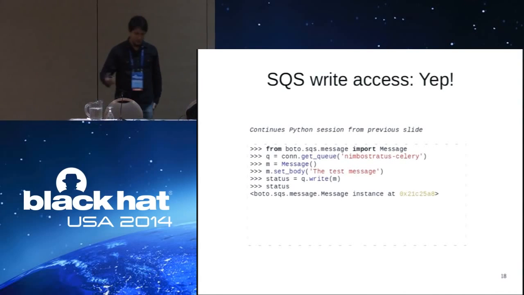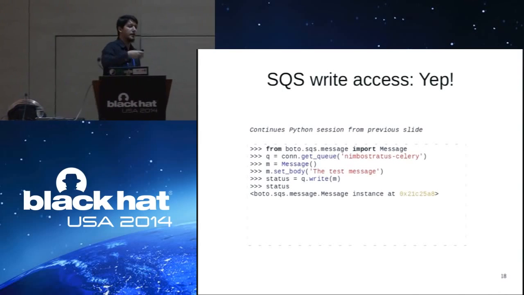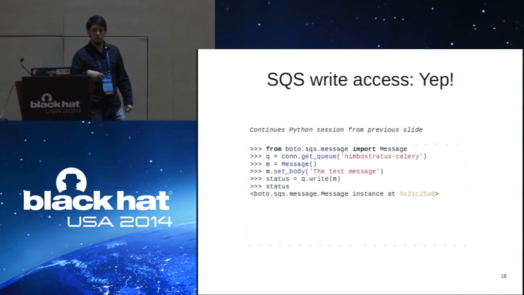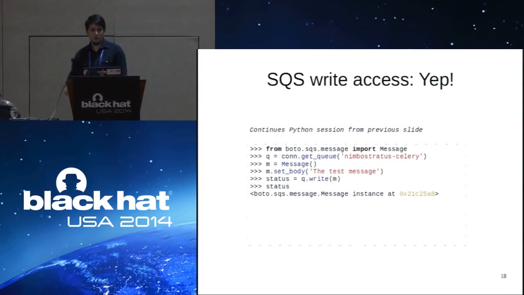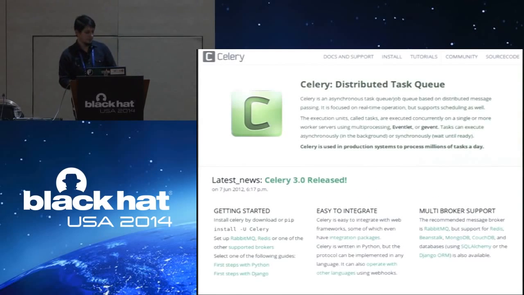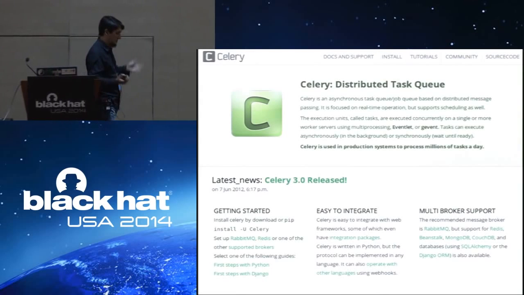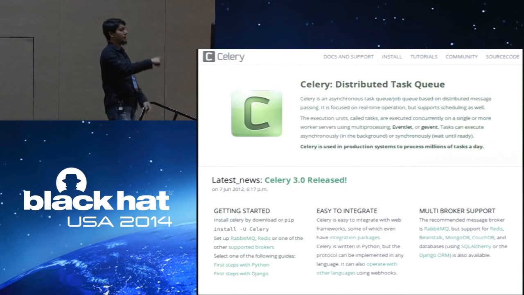I had SQS access, and I wanted to also check if I could write a message to the SQS queue. I tried that, and it worked. I was able to write and to read from that SQS queue. Perfect. But what is Celery? I don't know. I Googled Celery, and this is what I found.